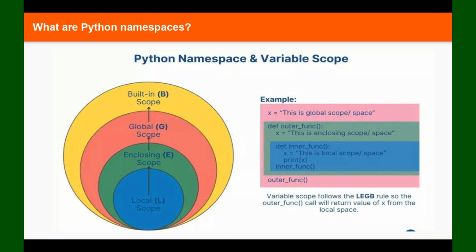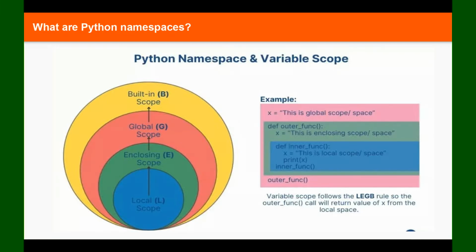For example, the built-in namespace contains names like the print, len, and int functions, and so on. They are automatically available in a Python program. Then there is the global namespace. It includes names defined at the top level of the script or module, accessible throughout the module.